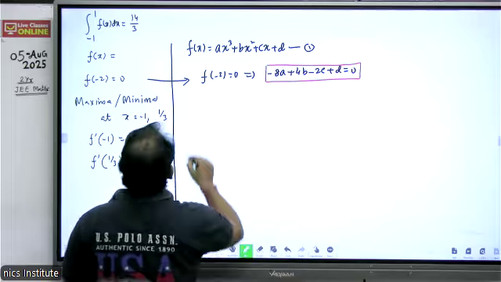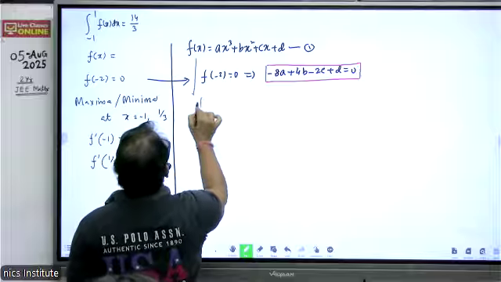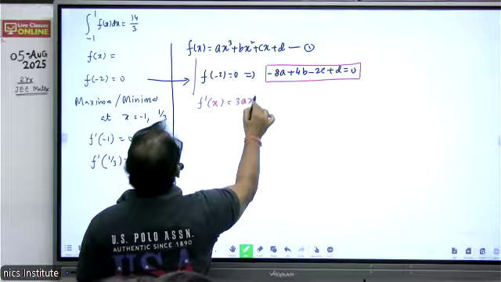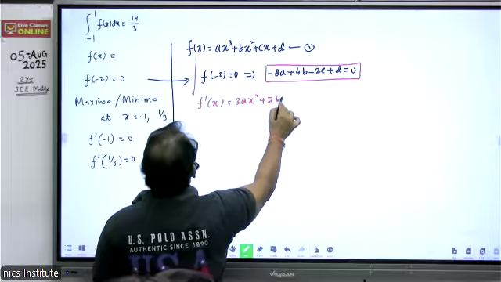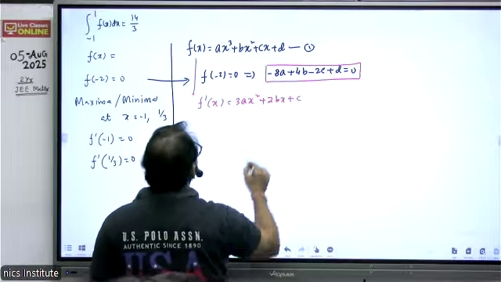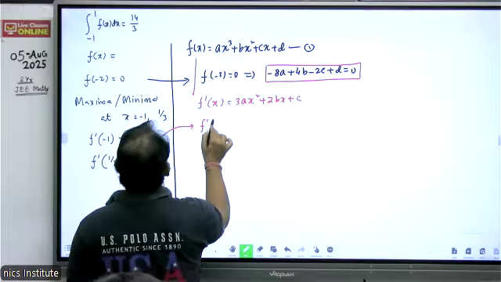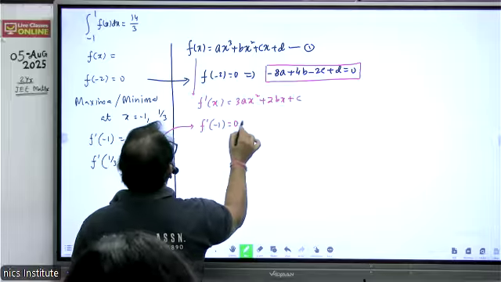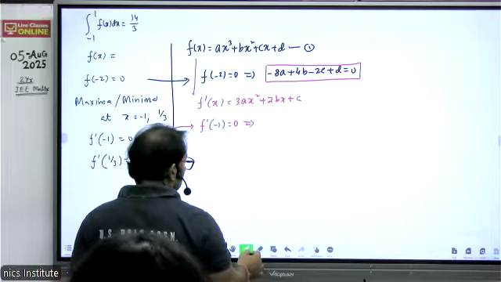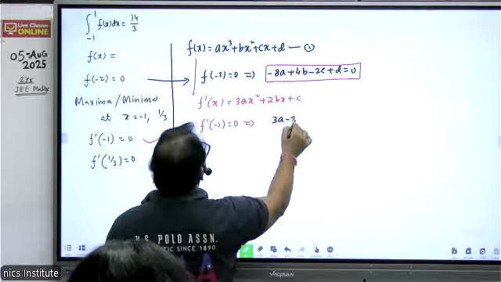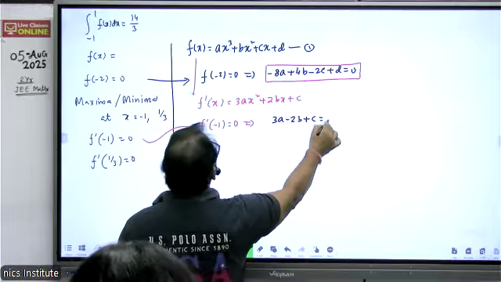Then you differentiate this. Derivative f dash x will be 3ax square plus 2bx plus c. Now you can use this. F dash of minus 1 is 0. That is 3a minus 2b plus c equals 0.